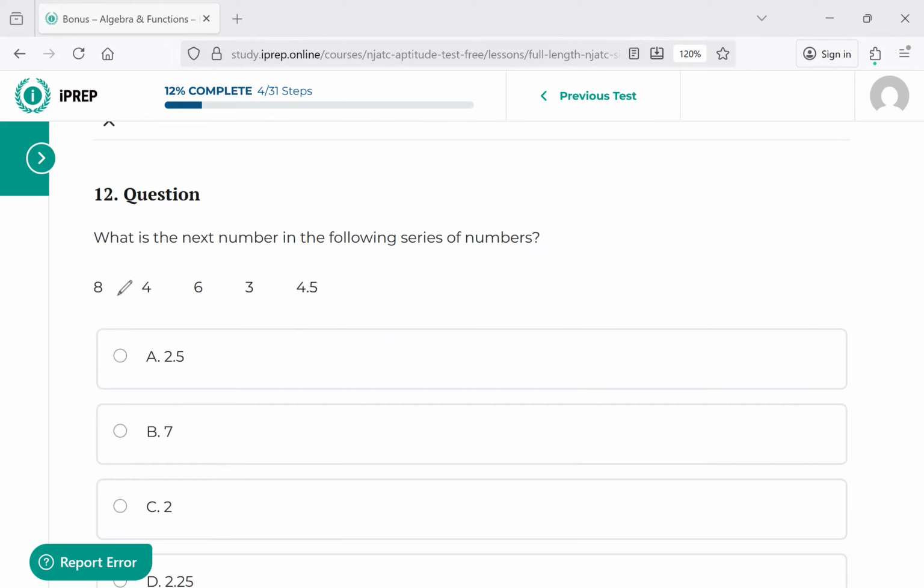From 8 to 4, I think you would have to subtract 4. From 4 to 6, you had to add 2. From 6 to 3, you had to subtract 3. From 3 to 4.5, it looks like you had to add 1.5.